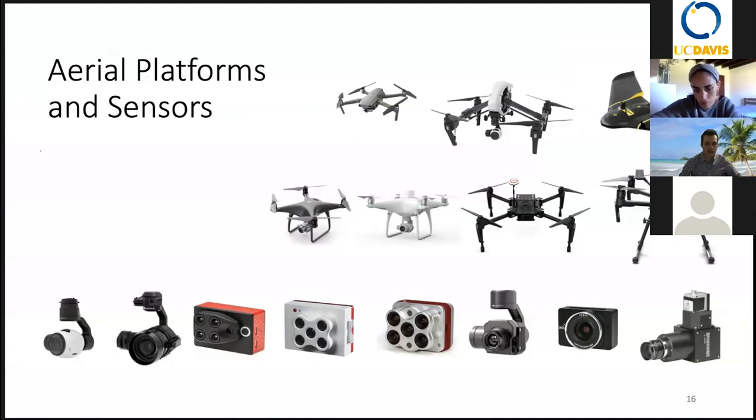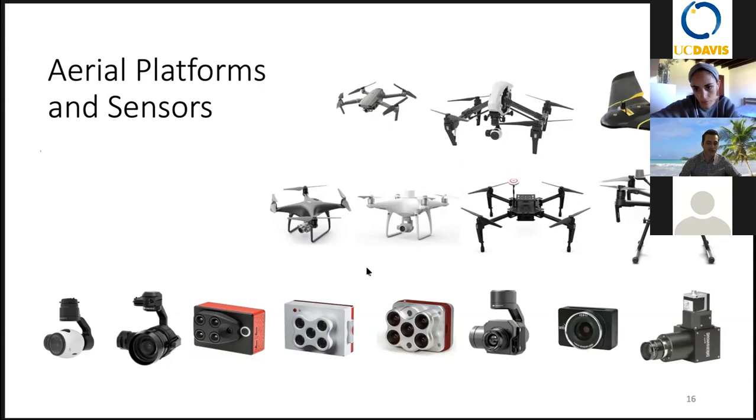And as you see, every day we have more advanced and less expensive drones. For example, these two drones by DJI are very inexpensive. This one, for example, has a multispectral camera, all built into one drone. So you just take it out and fly. You don't need to do any setting.